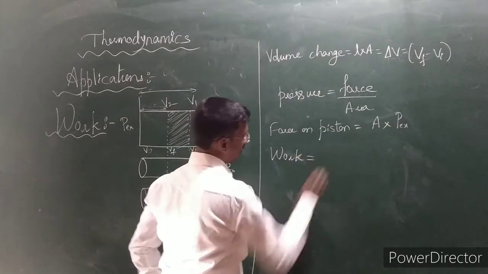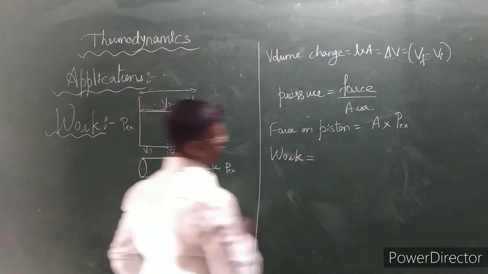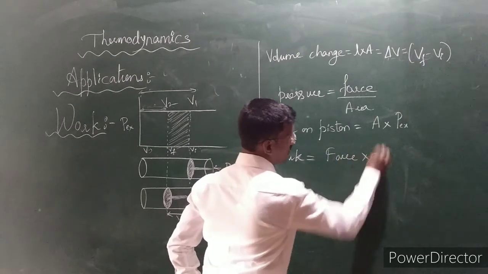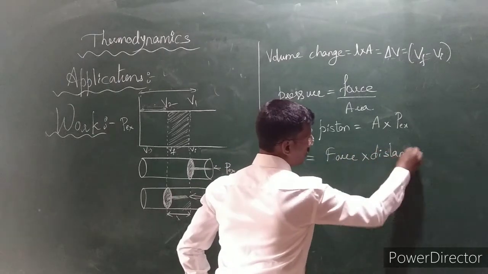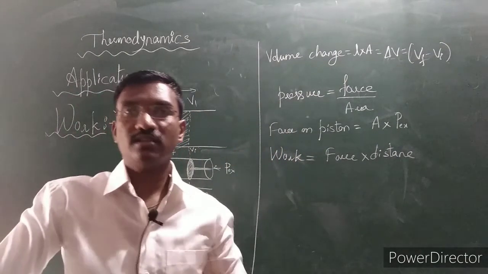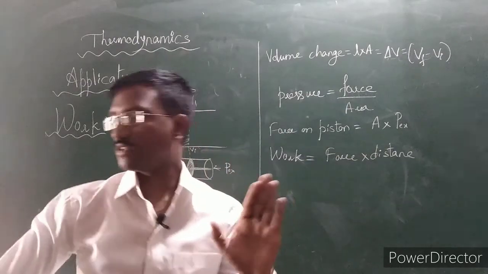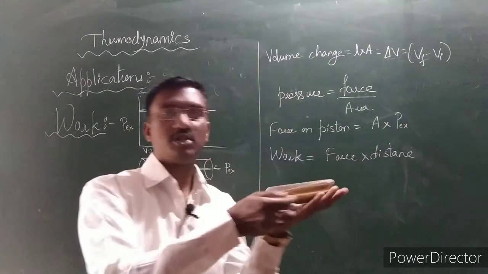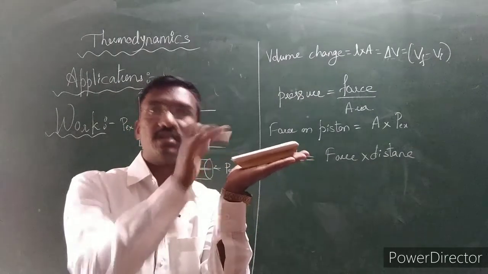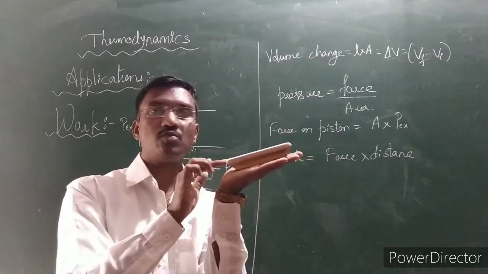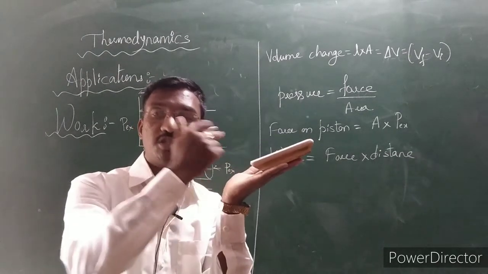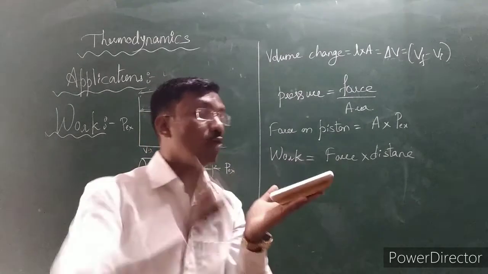work done by the piston is equal to force into the distance moved by the piston. According to the physics we have studied in Newton's first, second and third law, if we apply some force on the system, think of it as a duster, and it moves, meaning its position changes, then only work is done.